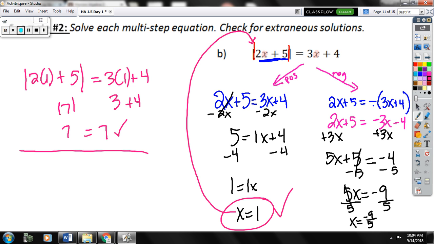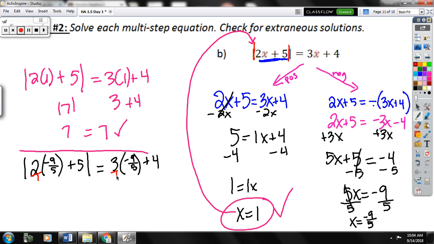So we'll have the absolute value of 2 times negative 9/5 plus 5. Does that equal 3 times negative 9/5 plus 4? Okay, we need to multiply first. So 2 times negative 9 is negative 18. 1 times 5 is 5.